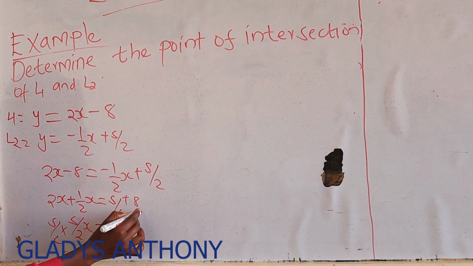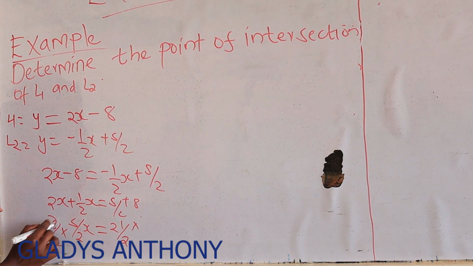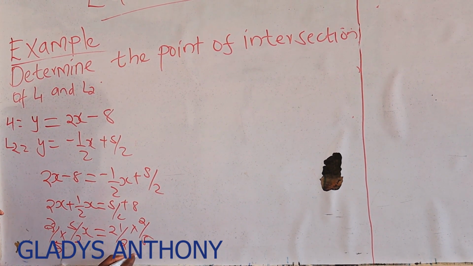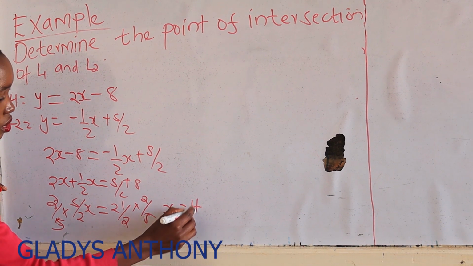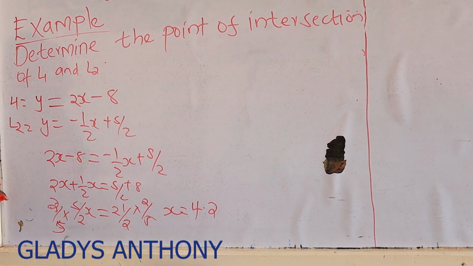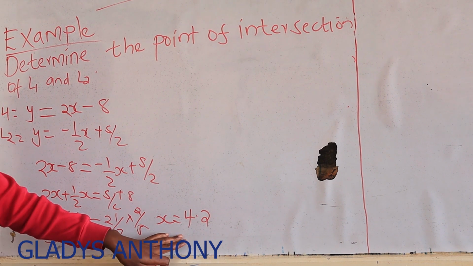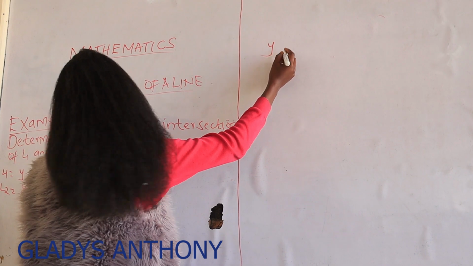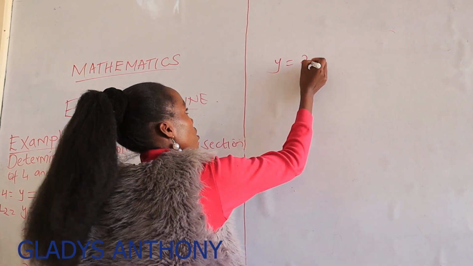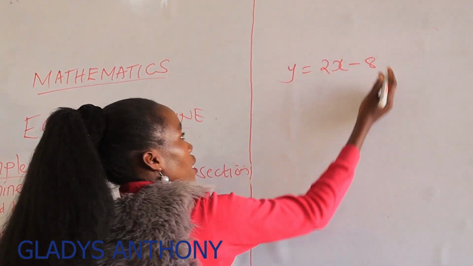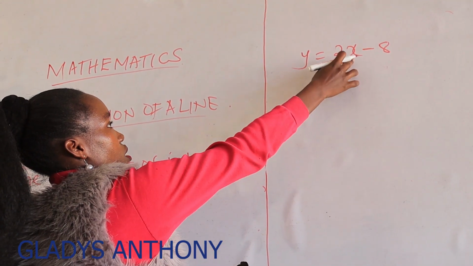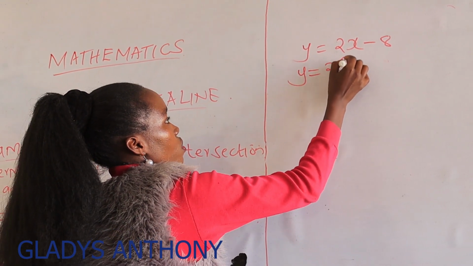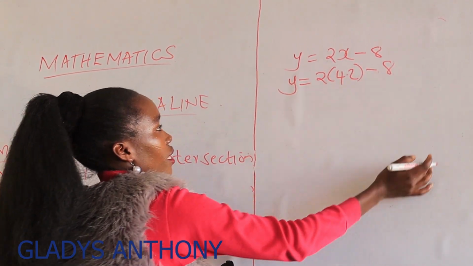We multiply 5/2 by 2/5, on both sides. So our x is equal to 4.2. When we get x is 4.2, now we are going to find the value of y. y is the same as 2x less 8. So we substitute the value of x that we got: y = 2(4.2) less 8.